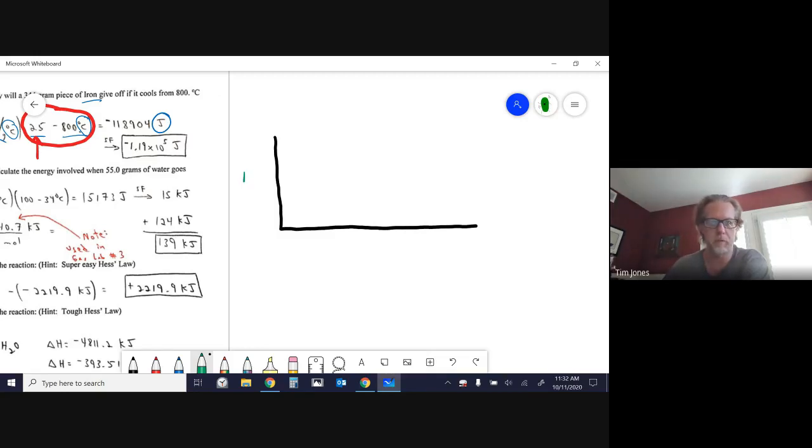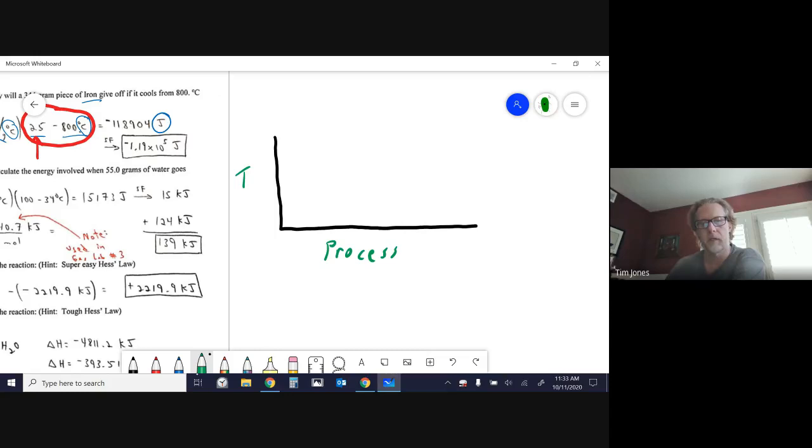This will be temperature over here. This will just be, I guess you could just say, like the different process that's happening. There's an exact phrasing for this. I don't remember it right now.